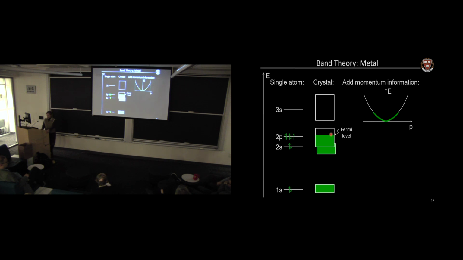And when the Fermi level sits in the middle of a band, then it takes an infinitesimal amount of energy to excite an electron and get it moving in a particular direction or conduct electricity, so that's a metal. If the Fermi level sits in the gap between bands, then it takes a finite amount of energy to excite an electron and get it moving with a net momentum in a direction. So it takes a finite amount of energy to conduct electricity, and that is an insulator. So we're going to focus in the talk primarily on insulators.